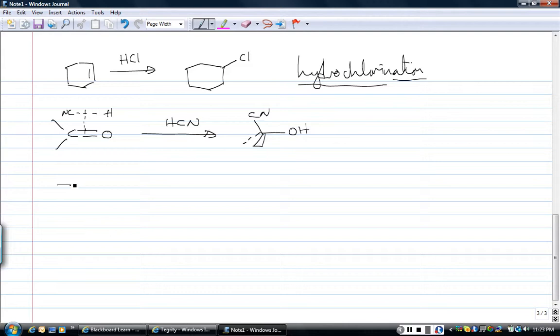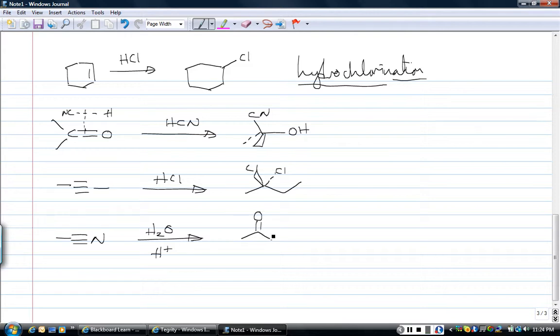It could happen with compounds that are alkynes. So if I treat an alkyne, for example, with HCl, I'll end up with this compound. I'll end up with the 2,2-dichlorobutane. That's also a hydrochlorination. And I can, for example, take this compound, which is a nitrile, and I can treat this with H2O in the presence of H plus as a catalyst, and what I'll end up with is this compound.